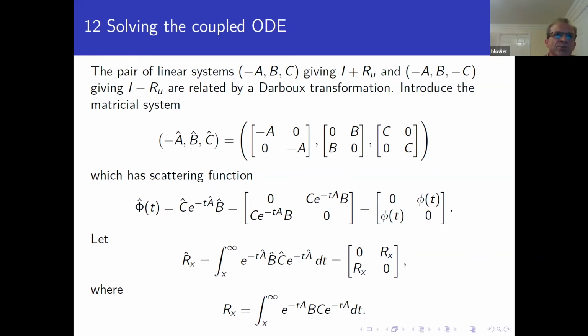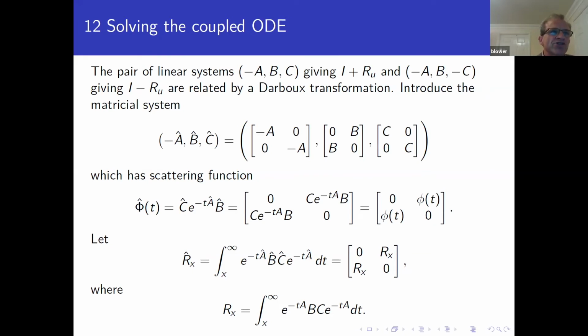I want to build a system of block operators. It's not surprising we take minus A and minus A running down the diagonal to give me A hat. It's also not surprising that we take C and C running down the diagonal to give C hat. The surprising one perhaps is the middle one where I put the B on the cross diagonal to give me B hat.